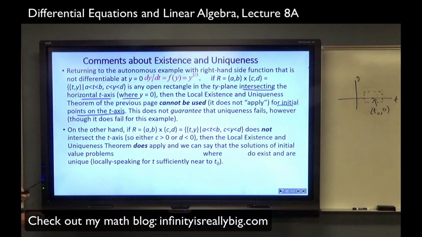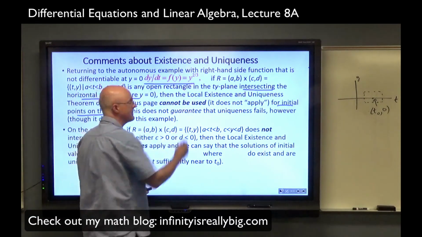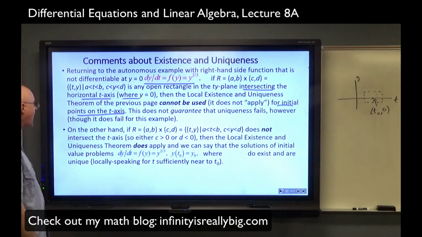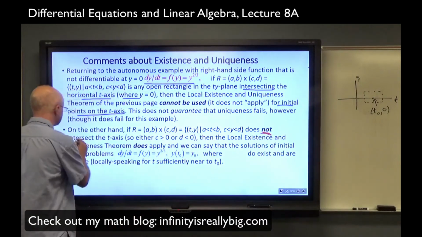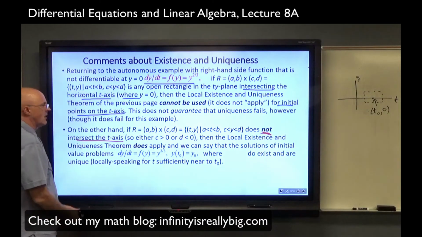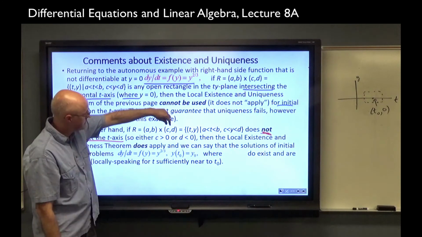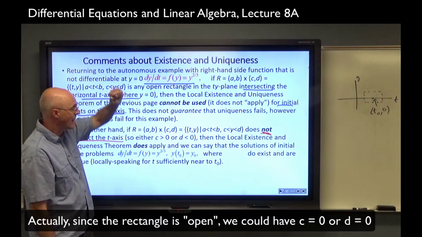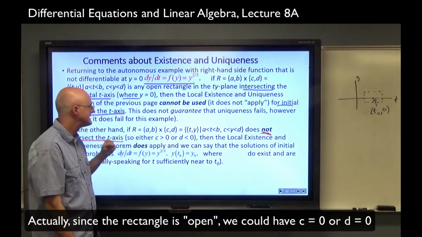On the other hand, even for this example, I'm still talking about the same example here, if the rectangle does not intersect the t-axis, so that means this interval consists of all positive numbers, which would happen when c is positive, or it consists of all negative numbers, which will happen when d is negative. So the rectangle does not touch the t-axis like in my first picture, which I erased.